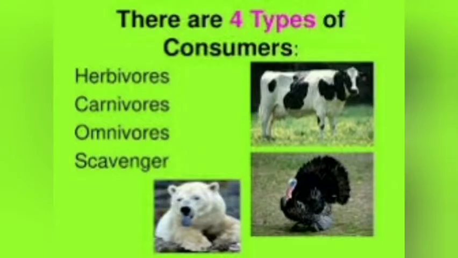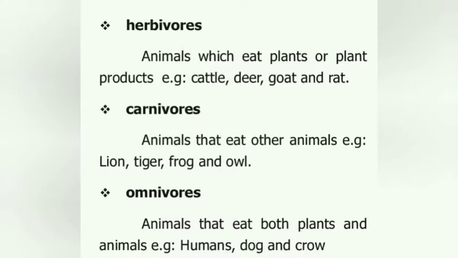There are 4 types of consumers: herbivorous, carnivorous, omnivorous, and scavengers. Herbivorous. The animals which eat only plants are called herbivorous. For example, cattle, deer, goat, and rat.